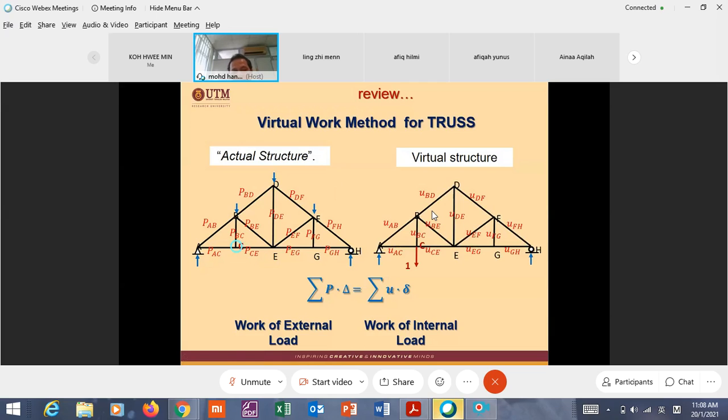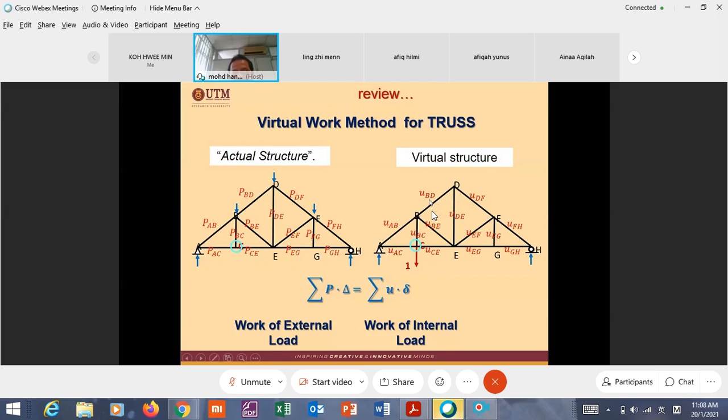We imagine a structure that has the same deflection, delta, at point C, and then we impose a unit load, the virtual load, here and calculate the forces in the members.